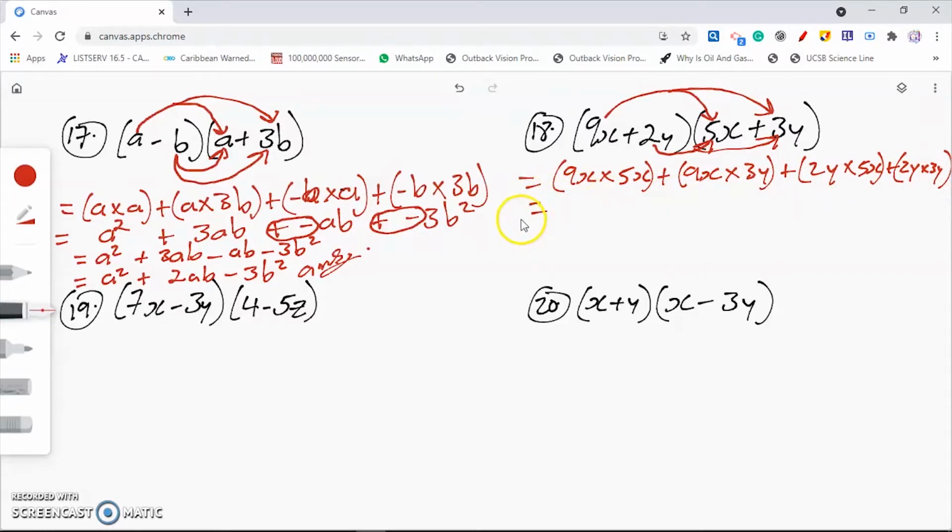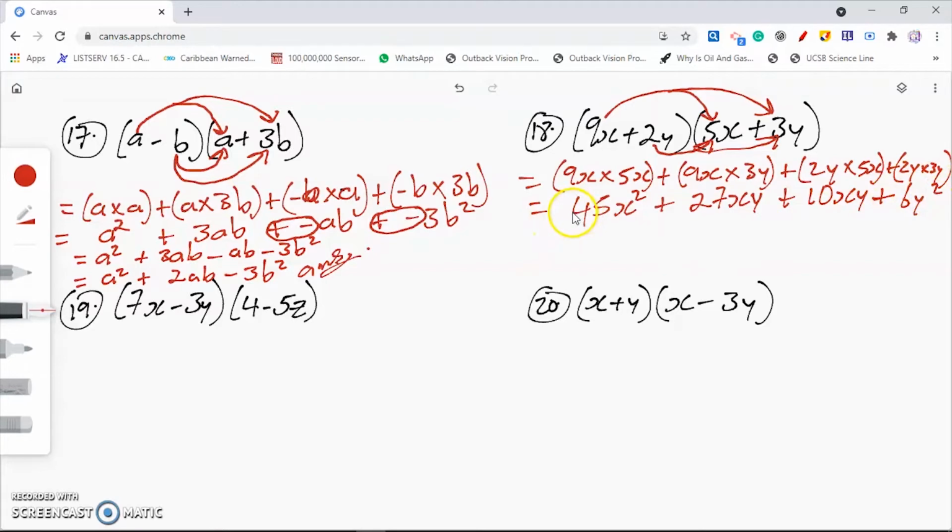And we would have to simplify that, so we get 9 times 5 is 45, and x times x is x squared, so 45x squared, plus 9 times 3 is 27, x times y is xy, 27xy, plus 2 times 5 is 10, y times x is xy, so that's 10xy, plus 2 times 3 is 6, and y times y is y squared, so that's 6y squared.